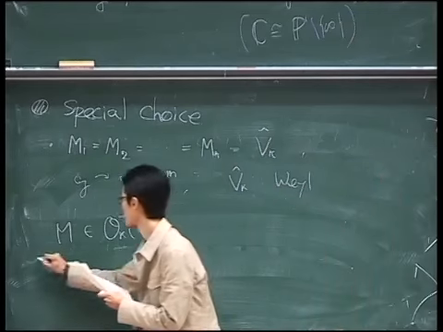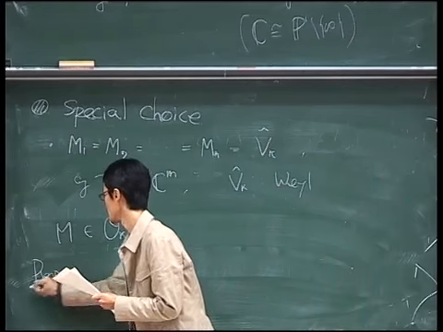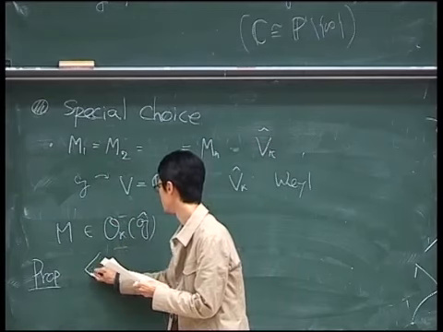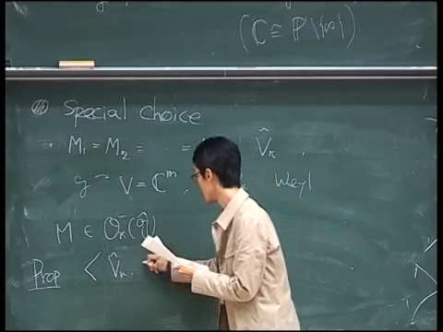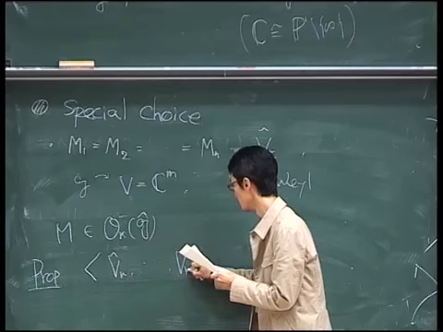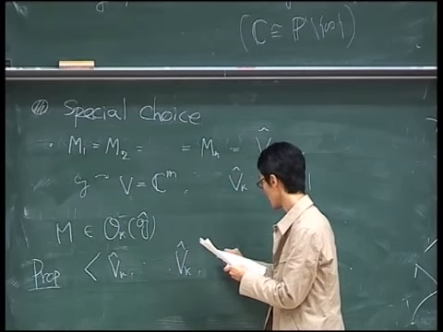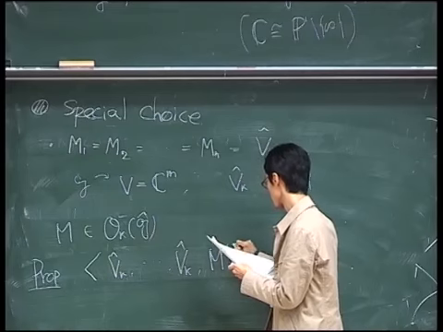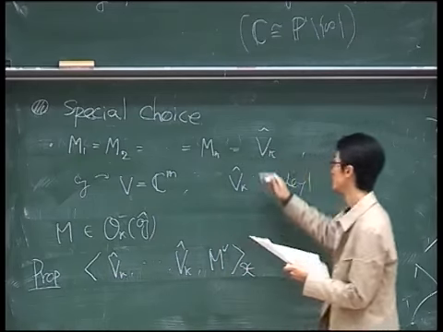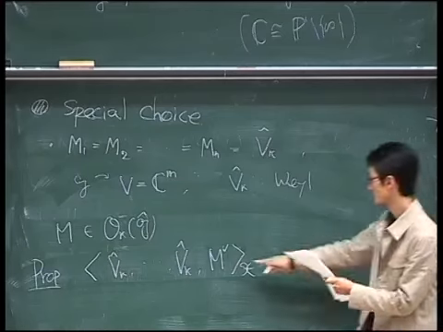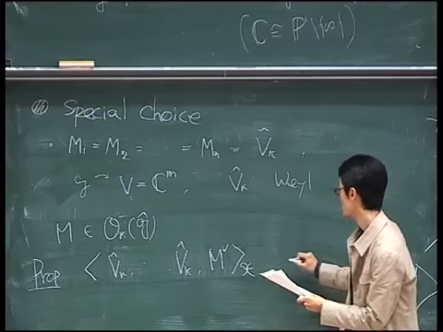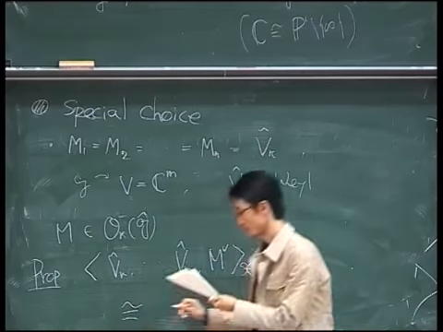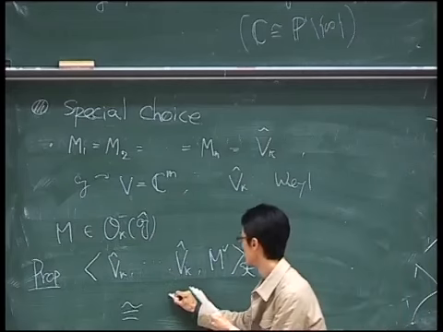Then, as I said, the vector bundle of conformal co-invariants under this special choice, I will explain, M check is described as follows.